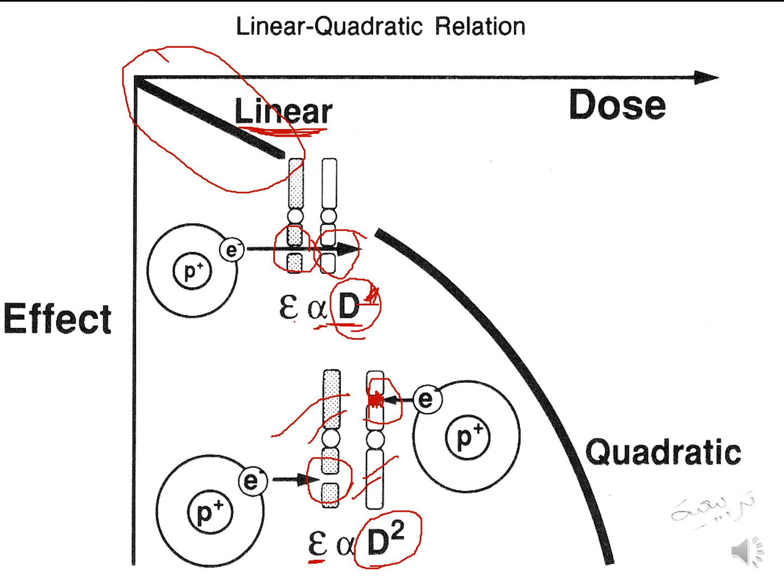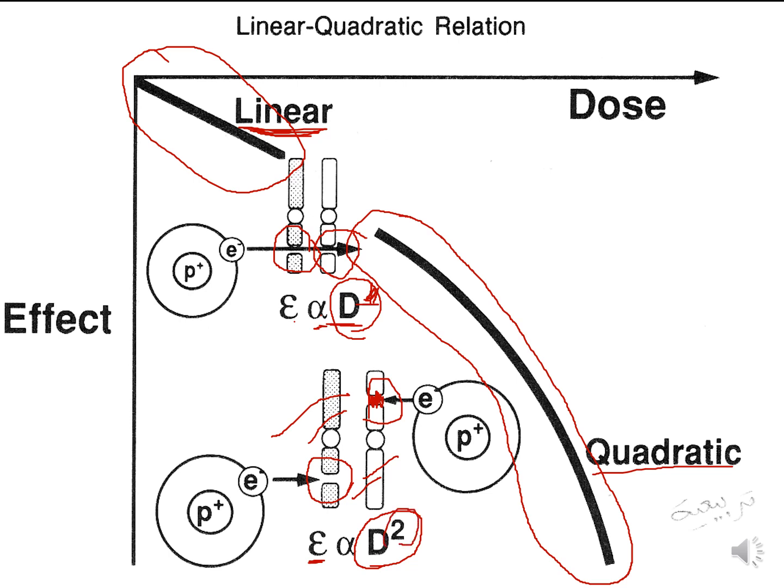So in this part of the curve, the effect of radiation is mainly through a quadratic relationship. What does quadratic mean? It's simply D squared. In the first part of the curve, the relationship is a linear relationship. The effect of radiation is directly proportional to D, which is a linear relationship, and it's D only, not D squared.